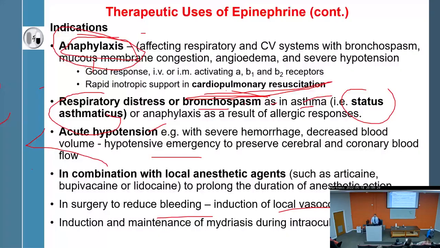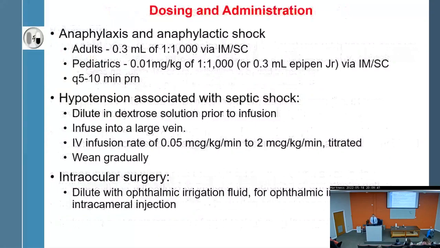I'm not going to talk much about it because I need to explain what mydriasis and meiosis are. This is something that has to do with the opening of the pupil, but that's under control of the sympathetic system. I'm not going to talk much about it for now. There are different dosages for this. Okay, I'm not going to require you to remember these numbers.